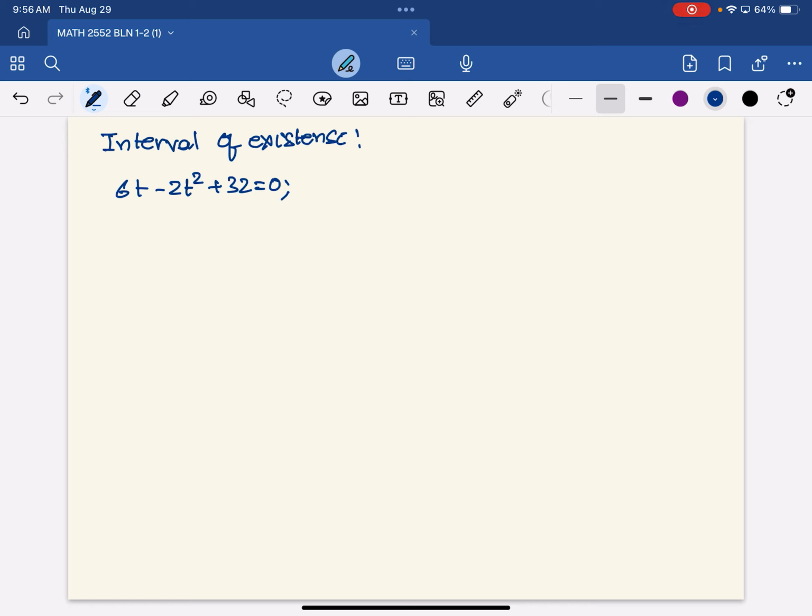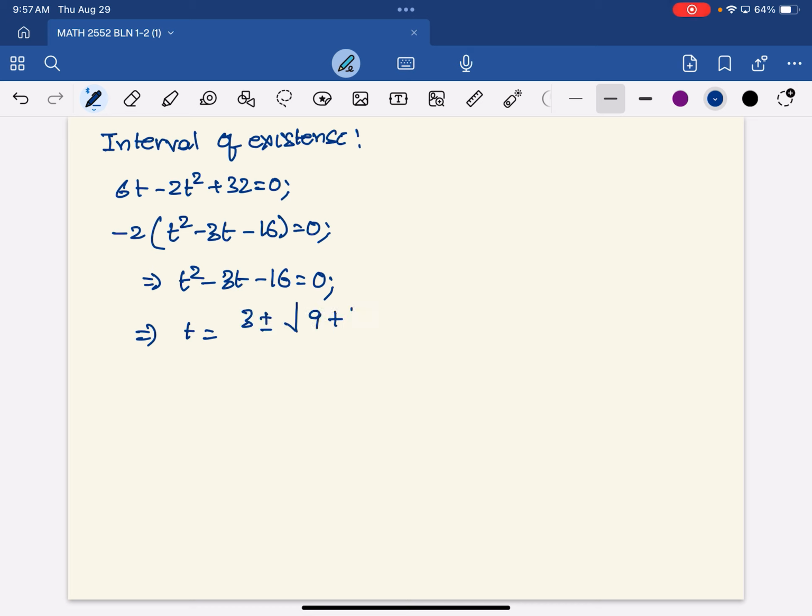Once I do that, it's pretty obvious. It's a quadratic equation, so I'm going to use the quadratic formula. Factor it out: t squared minus 3t minus 16 equals 0. Using the quadratic formula, it goes 3 plus or minus the square root of 9 plus 64, divided by 2.